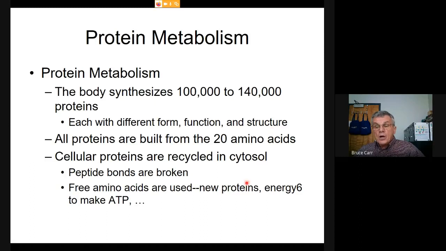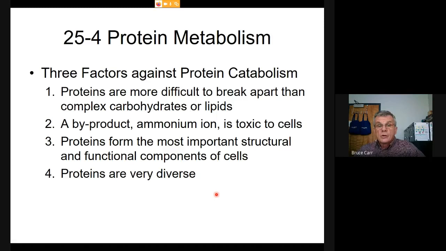We have to break a bond that links the amino acids together called the peptide bonds, and we have to free those amino acids. Basically, the lesson is we're going to contribute them to the same pathways, the TCA and the electron transport chain, in order to get ATP.